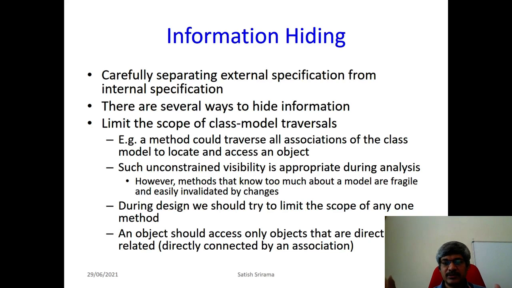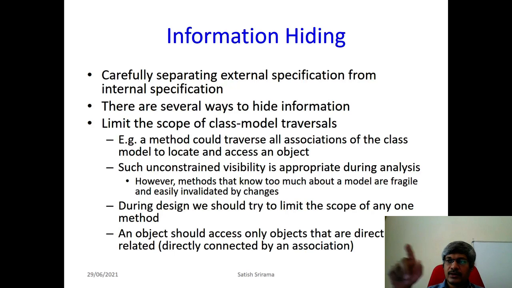Such unconstrained visibility is appropriate during the analysis. During the analysis it is okay, so we can check it. But when we come to the design, we have to clear this problem. Methods that know too much about the complete model, how we have designed it, because it has to traverse across all these associations, means this method has a lot of information about the complete model we have developed as of now.